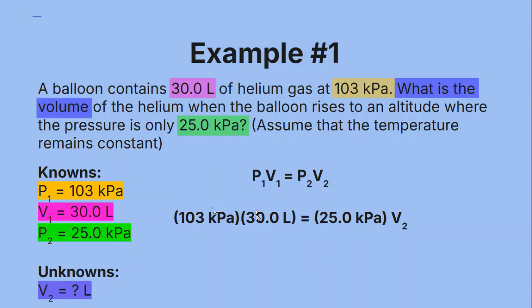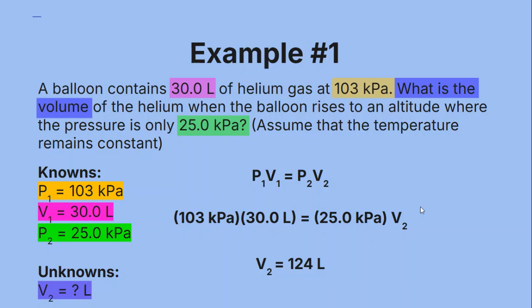Since we're multiplying and dividing, we can just look at total sig figs in all of our known values and round our answer to the same total number of sig figs as whichever one has the lesser amount. So this has 3 total sig figs, 3 total, 3 total. So when you calculate out your answer and round it, we should have 3 total sig figs for a new volume of 124 liters.